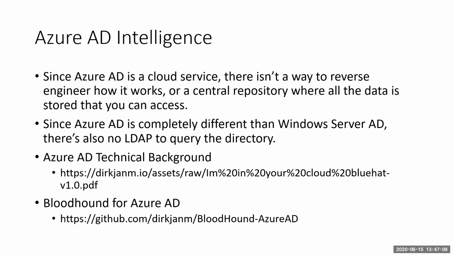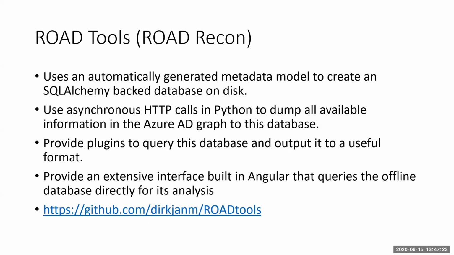There's also tooling now available, very similar to Bloodhound for regular AD, Bloodhound for Azure AD, which gives you the same picture of how the security is inside the Azure AD service. It's very, very useful. Basically, here's the tooling. It's called Recon.